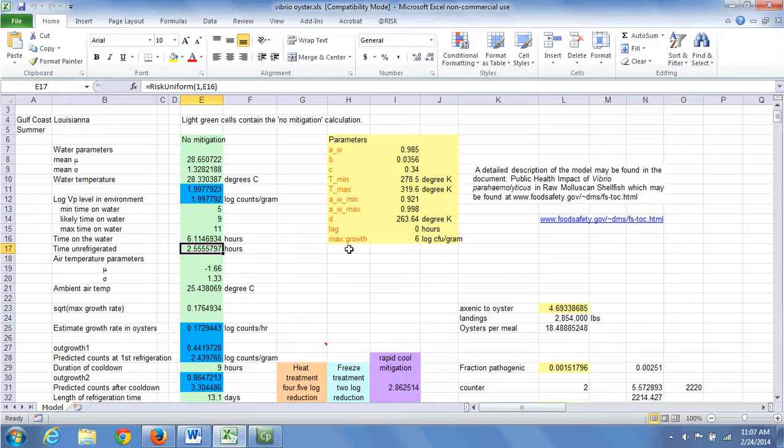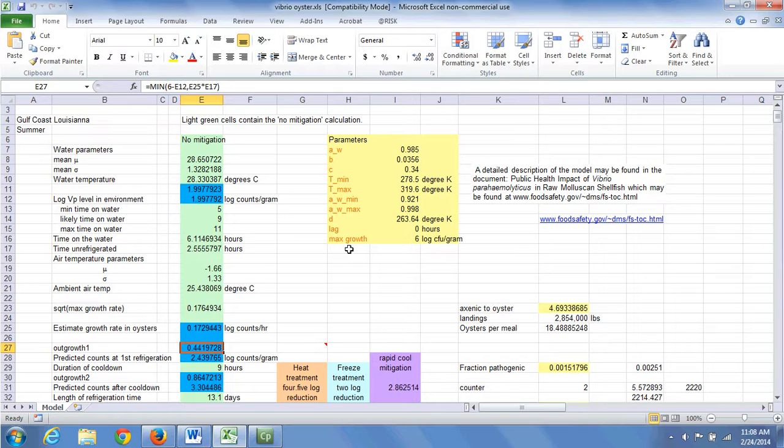During those 2.6 hours, they are exposed to wind temperatures, which in this case are cooler than the water temperature. But during those 2.6 hours at this temperature, we have some outgrowth, some growth in the Vibrio. And that would be this number right here, just about 0.2 log counts per hour for a little over 2.5 hours, and that's about 0.4 log.